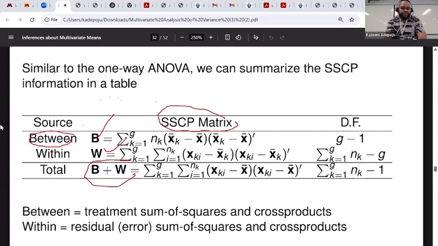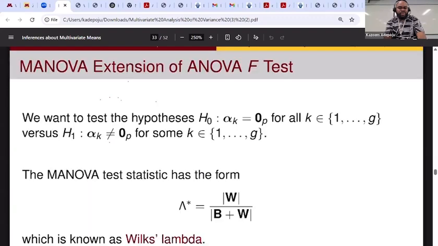Now, how am I going to get the test statistic after setting up this table? Please pay attention. Let me first ask, what hypothesis am I testing? I'm testing this. Why do we have 0_p? Vectors of zeros.